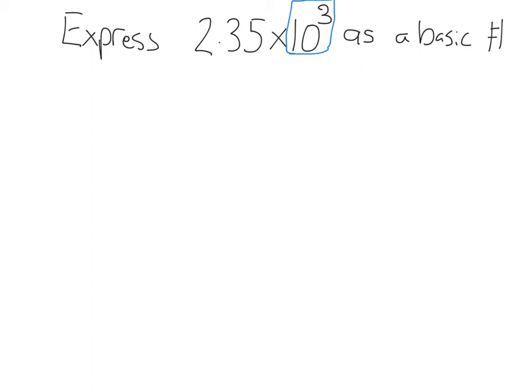So 10 to the power of 4 is 1 with 4 zeros, 10 to the power of 3 is 1,000, 1 with 3 zeros. So this one is just going to be 2.35 times 1,000, and I know you all know how to do that. It's 2,350. But now I want to show you one with a negative power.